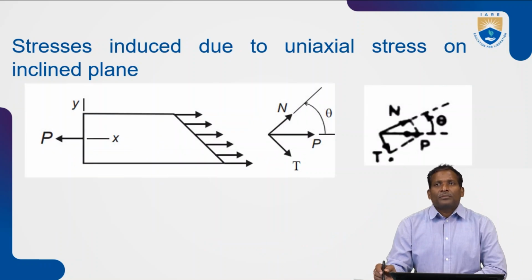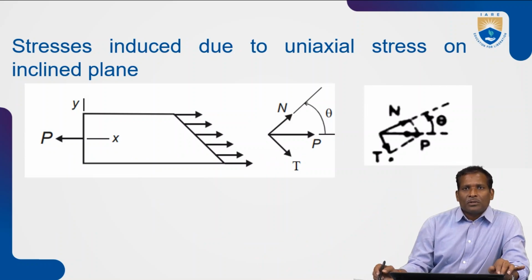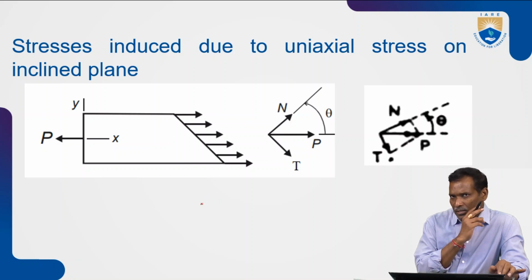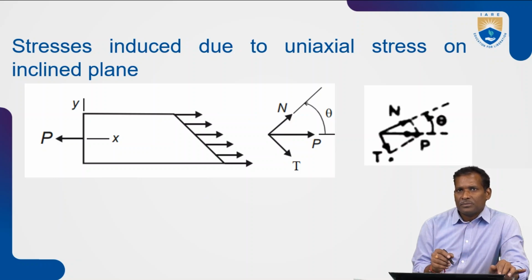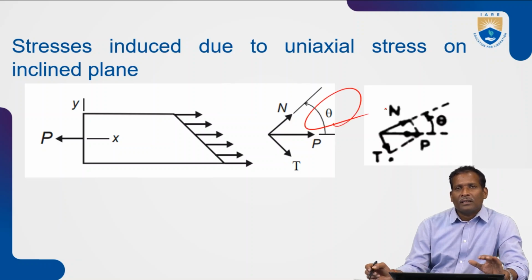Now in this diagram, shown clearly, are the normal and tangential forces; the force is resolved into two, the normal force and the tangential force. Why? Because of the inclination.